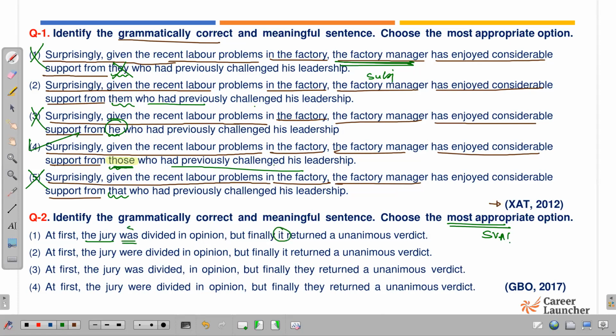So jury singular and singular, jury plural and plural, half sentence singular, half sentence plural is wrong. Jury was divided singular, but they returned plural, again half sentence singular, half plural. Jury were divided in opinion, but finally they returned plural.